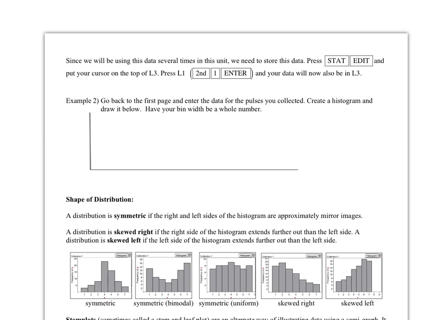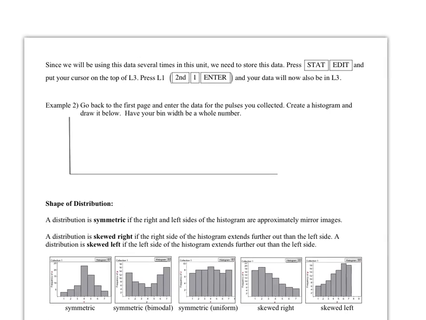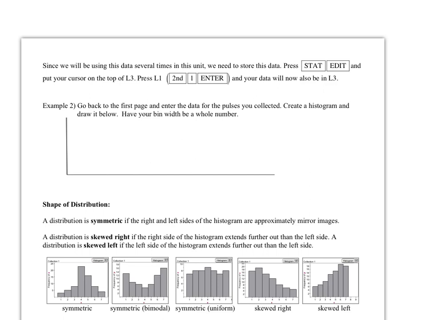So if I'm happy with this histogram, let me go back to my paper. There it is. Get my pen out of here. And we're going to try to draw this in this grid here. My vertical scale, that is keeping track of my frequency, goes from, let's see, the max is 4. I have a 4, and I have 1s.